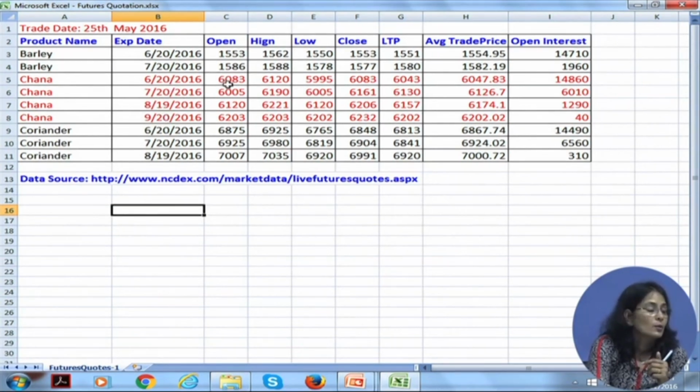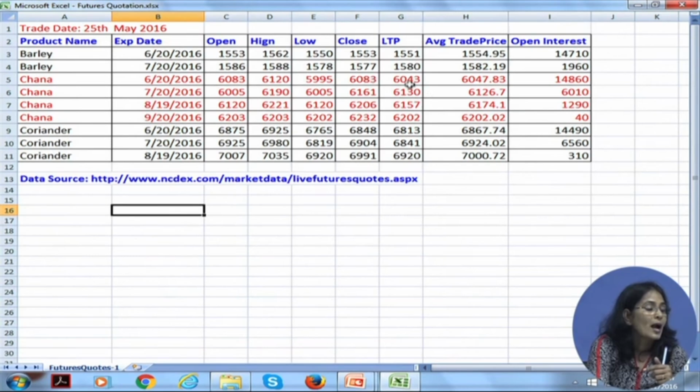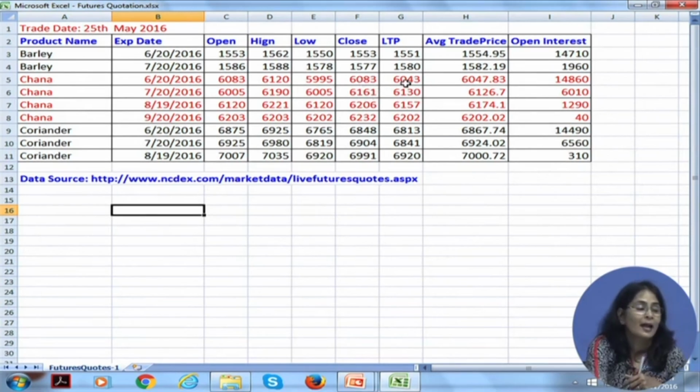So when the exchange opened, the first buy and sell order to match for the futures contract is at 6,083 rupees. Then day high, day low, day close. This is LTP, which is what I would like each of you to focus on. Even if the close price is 6,083, the last traded price is 6,043.